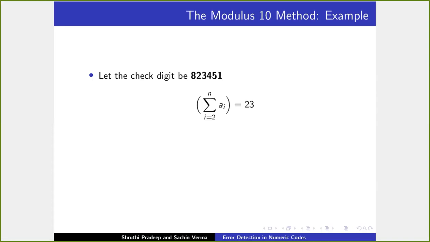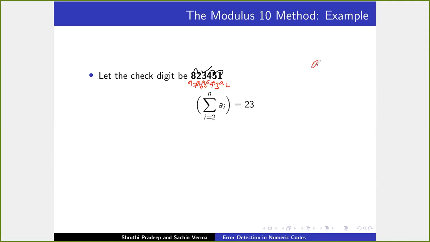Now for example, if we take the number 8 2 3 4 5 1, we add all of them: 8 plus 2 will be 10, 20 plus 3 is 23, and so on. Remember that these numbers are a2, a3, a4, a5, a6 and a7, and we are adding all of these.